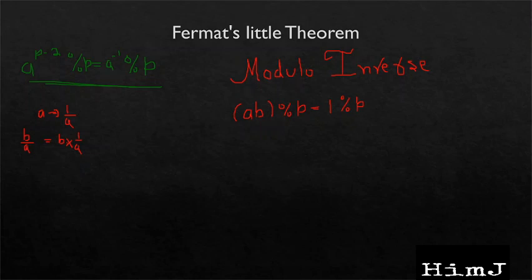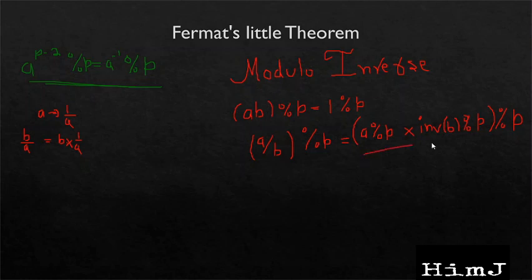Similarly, if we have to perform division and modulo operation together, we can instead write it as a modulo p multiplied by the inverse of b modulo p, and the whole again modulo p.